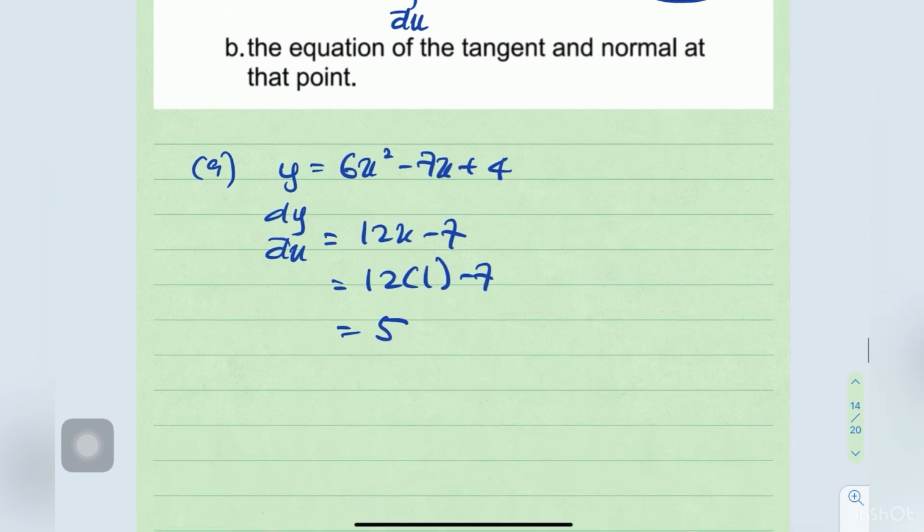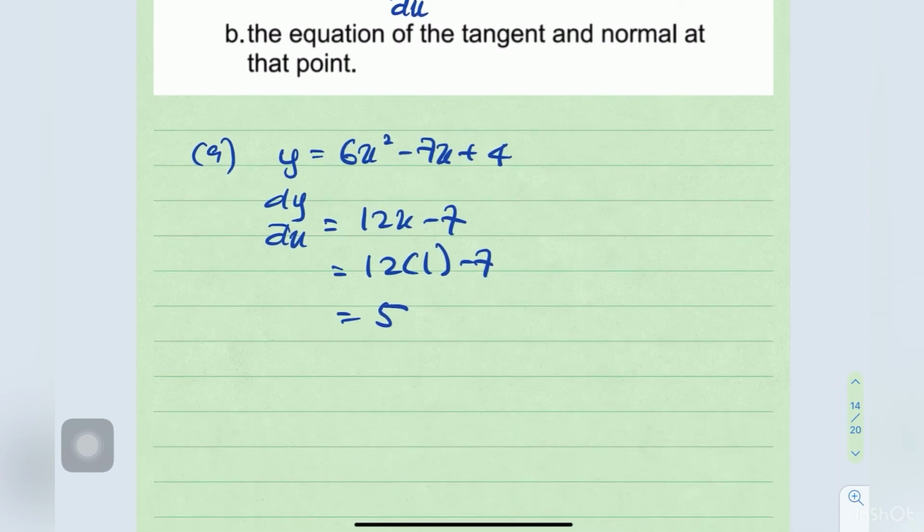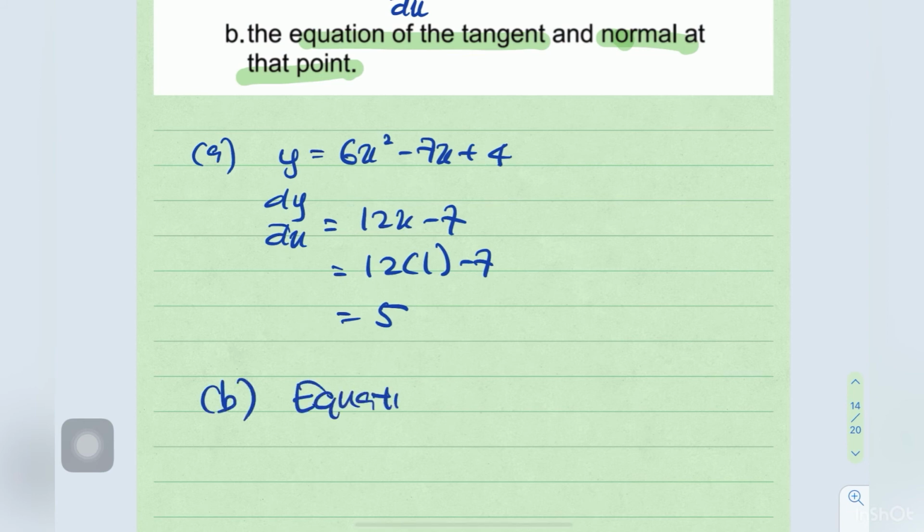Then find equation of tangent and normal at that point. So equation of tangent. y equals to mx plus c.